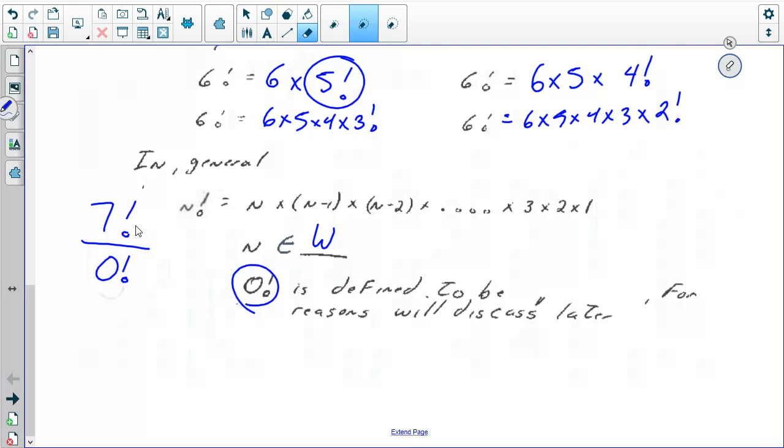So for the purposes of our work in high school, 0 factorial will be defined to be 1. Okay, so 0 factorial, we substitute in 1. And again, that has to do with some notation that we'll be talking about later on.